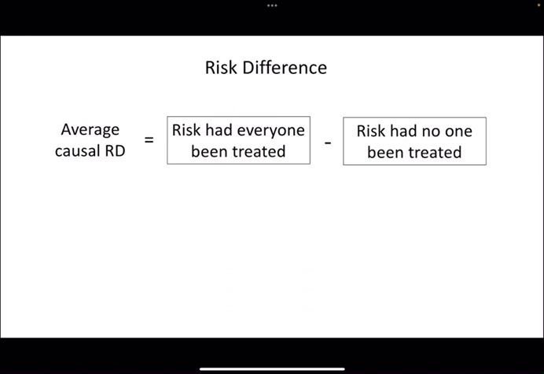So the risk difference is the next big one. I talked about it in the last video. So the average causal risk difference is the risk had everyone been treated minus the risk had no one been treated. And that's the notation there, where Y subscript a equals 1 is just the outcome had everyone been treated, and basically the probability of the outcome had everyone been treated subtracting the probability of the outcome had no one been treated.